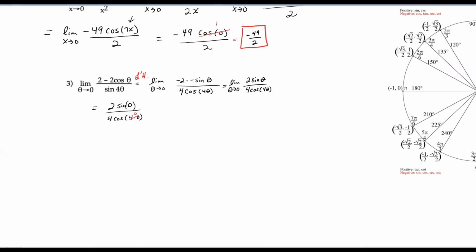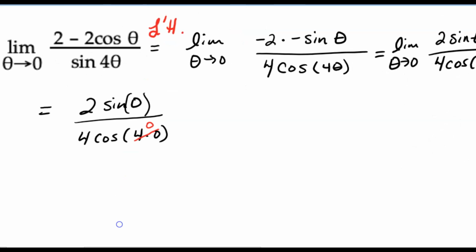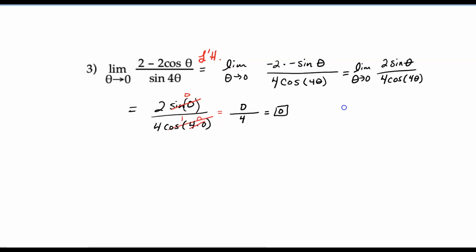So we no longer have a 0 in the denominator. We actually end up with a 4 in the denominator, and a 0 in the numerator because 2 times 0 is 0. So we end up with our answer, which is 0 for this limit of indeterminate form.